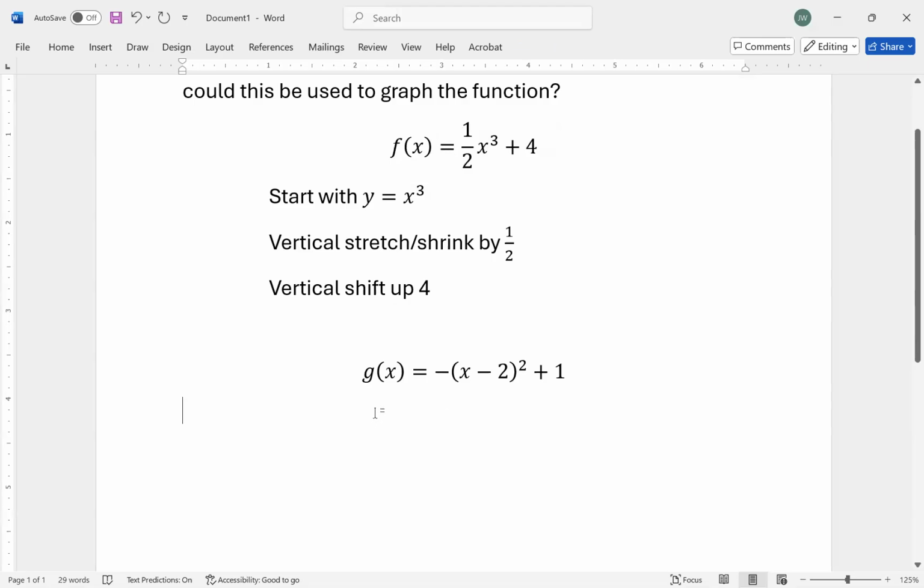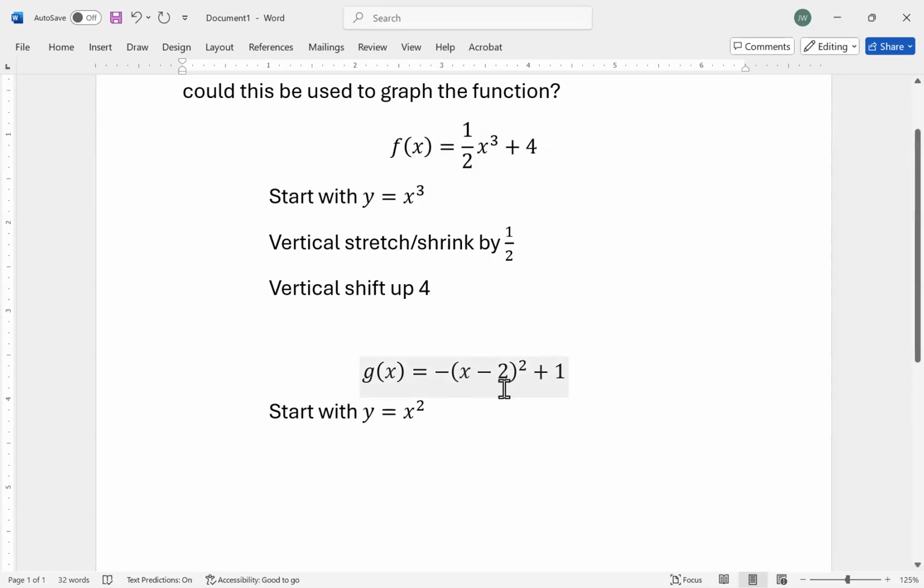Let's take a look at g of x and do the same thing. So we are going to start with the base function y equals x squared, or my base quadratic function, because we have a squared there. And then I'm going to start inside.